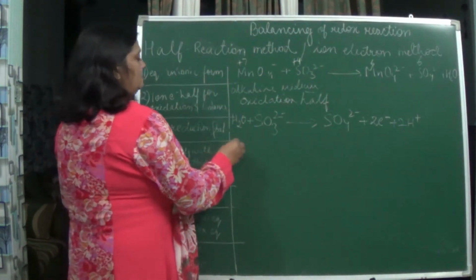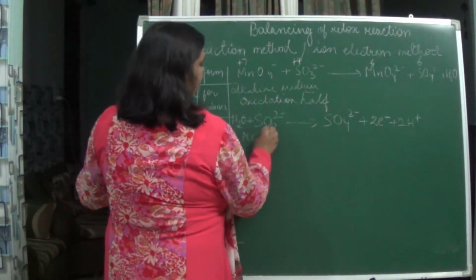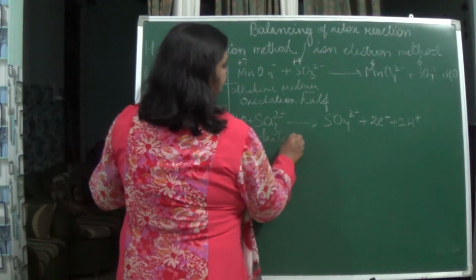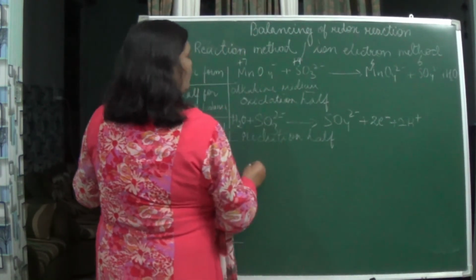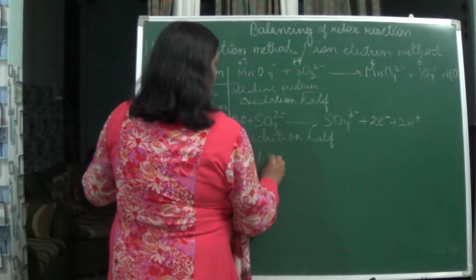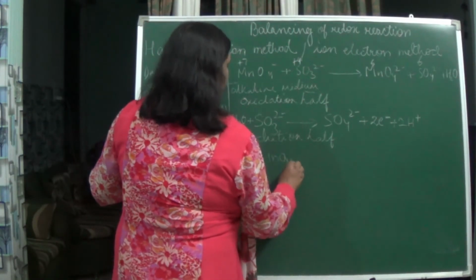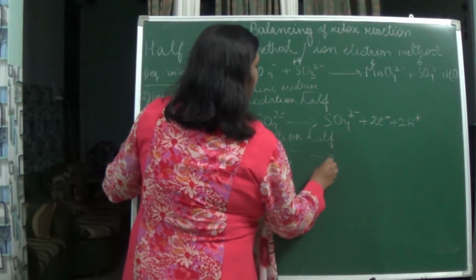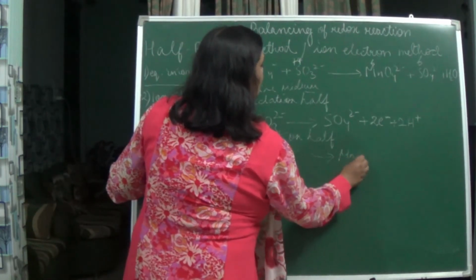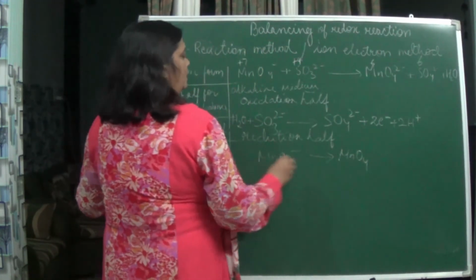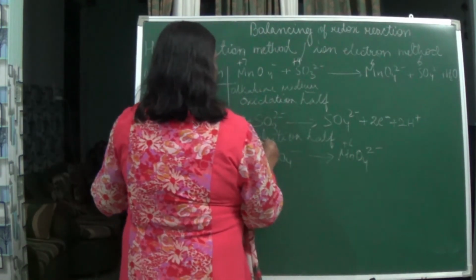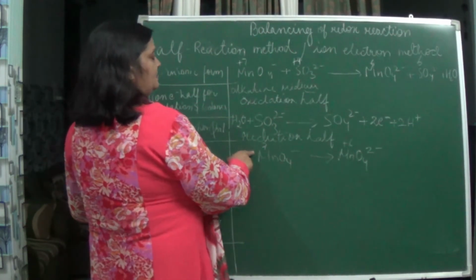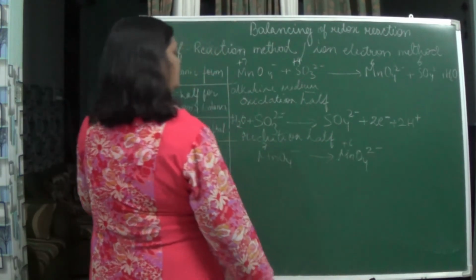Now coming to the reduction half. Okay. So here MnO4 minus, you are getting what? MnO4 2 minus, okay, here you have got the oxidation state, okay, it is plus 7 and here it is plus 6, okay.